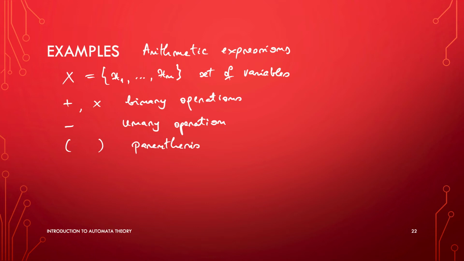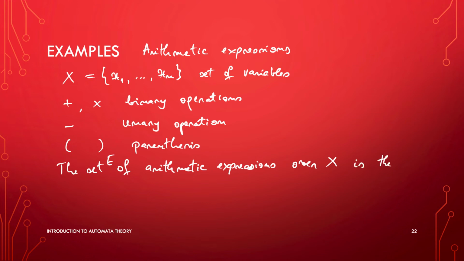So our definition is going to be the set, I'm going to define it by E, the set E of arithmetic expressions over X, is the smallest, and remember our condition 3 that could also be formulated as the smallest set.